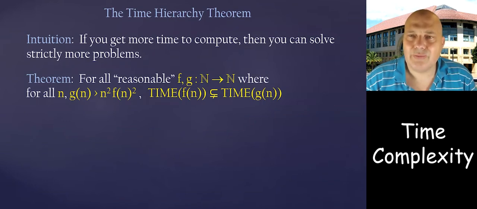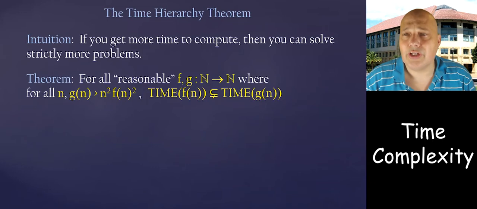So in time which is larger than n squared times your original time f of n squared, you get more power. You get a class which is strictly larger.